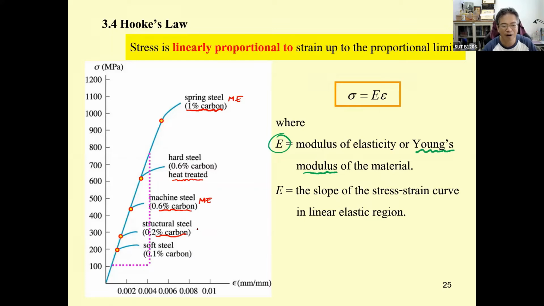But for the CE students, we use structural steel. And the last one is soft steel, which is typically used. By doing this, what we have is that E indicates the stiffness. So for a typical steel, no matter the percent of carbon, the stiffness of the steel is equal.